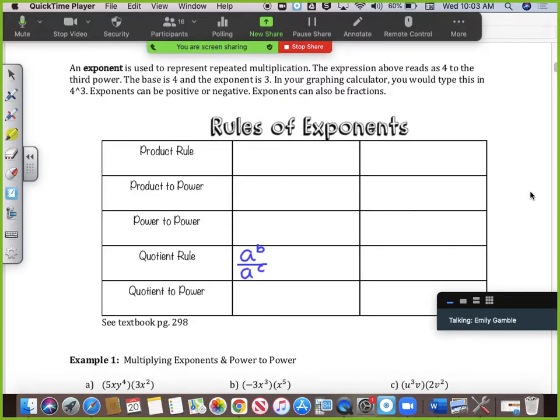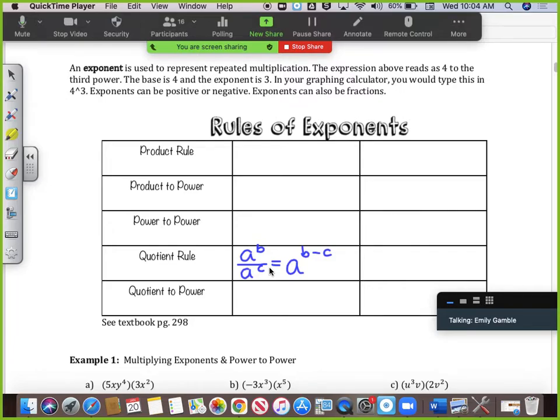If you ever have any numbers that have the same base, meaning the big number on the bottom is the same for the numerator and denominator, and they have different exponents or even the same exponents, as long as they have the same base and they're being divided, to simplify this, you take that same base and leave it the same way that it is, the same number, and you subtract the numerator exponent minus the denominator exponent.